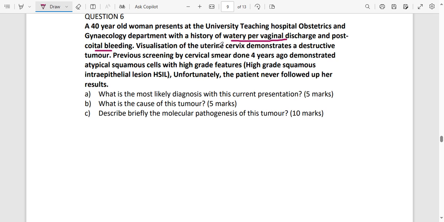And then when you look at the uterine cervix, there is a destructive tumor. Previous screening done 4 years ago showed atypical squamous cells, high grade features. Anyone that can help, what would be the possible diagnosis?